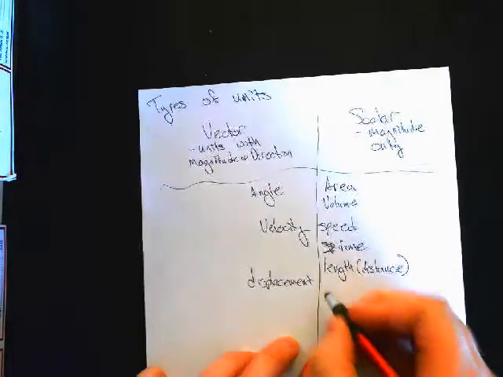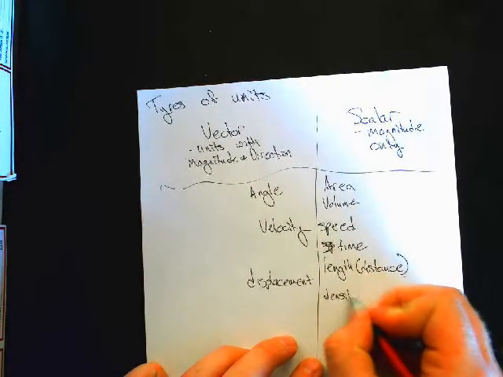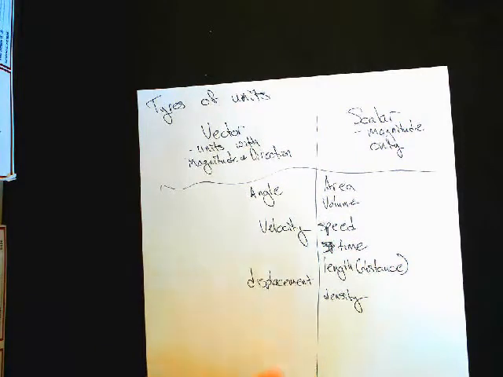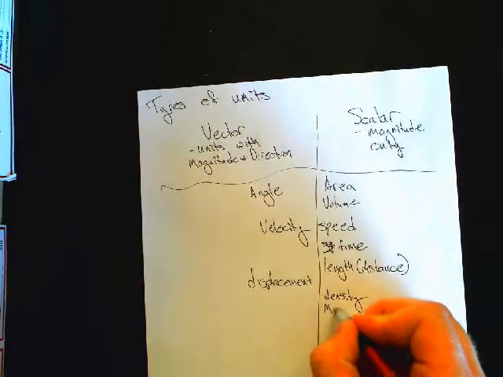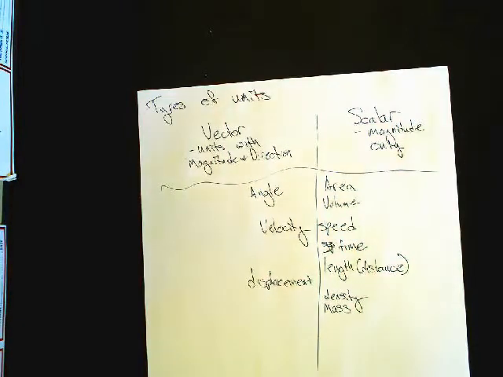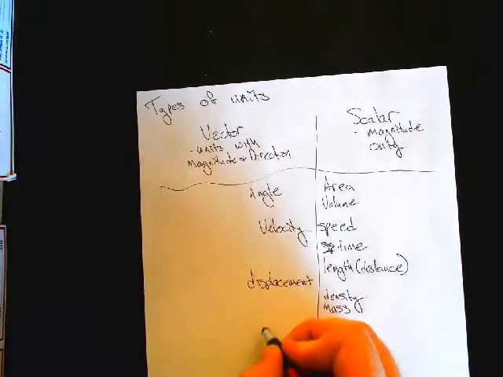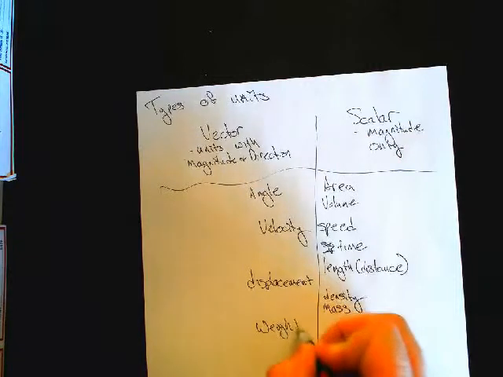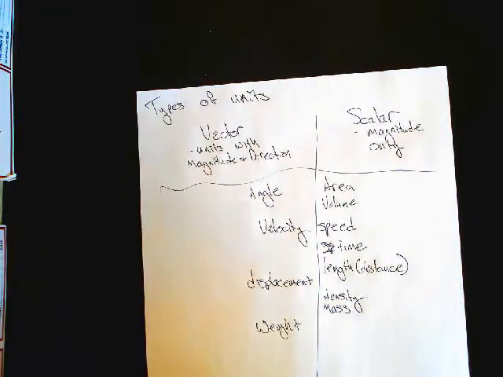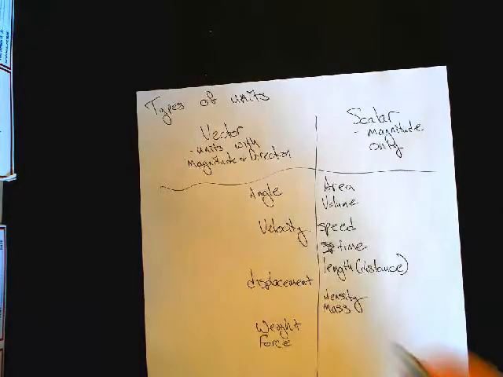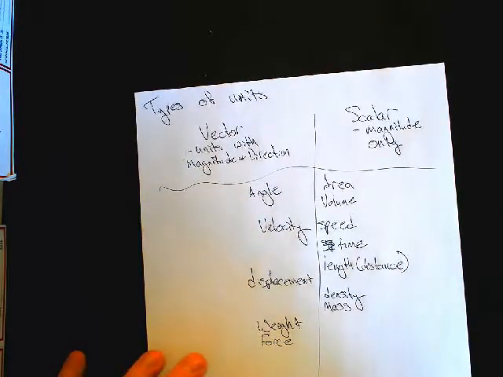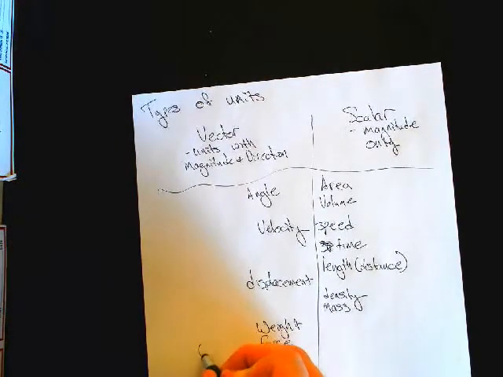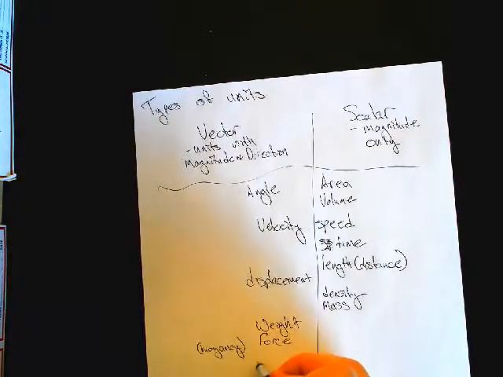Density's fine. Yeah, it's a scalar. I heard mass. Ooh, weight. Where does weight go? Why vector? Down. Absolutely. So weight. Force. Buoyancy. I'm going to put that as a vector, and really that's just a specific kind of force. Also a specific kind of force. I heard acceleration.